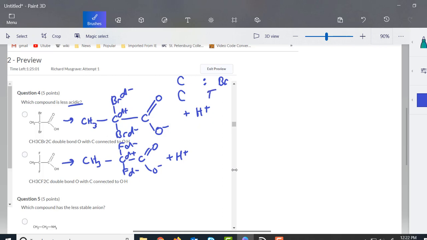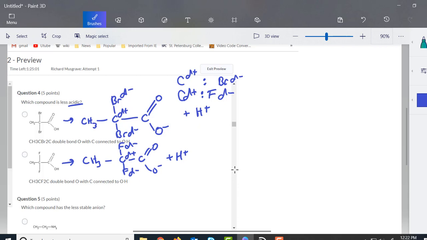Now if we've got fluorine, it's more electronegative, so the electrons will be closer to the fluorine than to the carbon, and even closer to the fluorine than they are to the bromine in the top case. So as far as partial negative charge goes, because the electrons are closer to the fluorine, we could put a big delta minus on that, and for the bromine a smaller delta minus. A big delta minus means a big delta plus on the C, and here a little delta plus on the C.